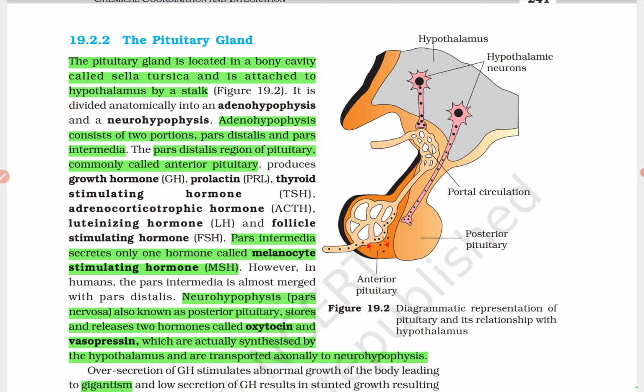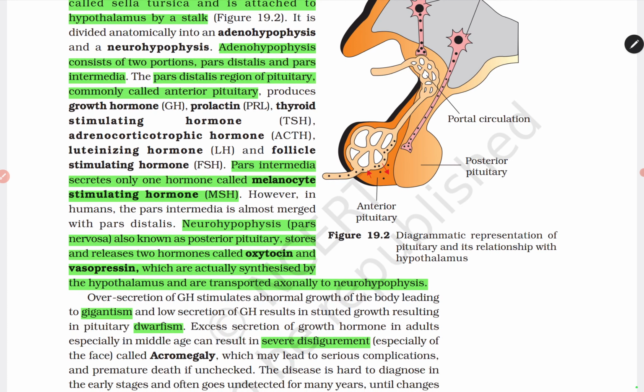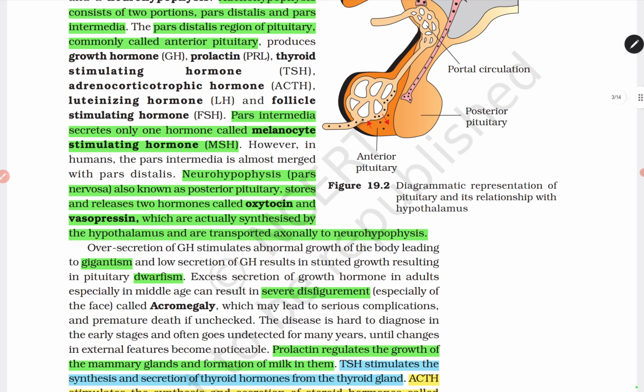The pars distalis region of pituitary, commonly called anterior pituitary, produces growth hormone, prolactin, thyroid stimulating hormone, adrenocorticotropic hormone, luteinizing hormone and follicle stimulating hormone. Pars intermedia secretes only one hormone, that is called melanocyte stimulating hormone. Neurohypophysis or pars nervosa, also known as posterior pituitary, stores and releases two hormones called oxytocin and vasopressin, which are actually synthesized by the hypothalamus and are transported axonally to the neurohypophysis.